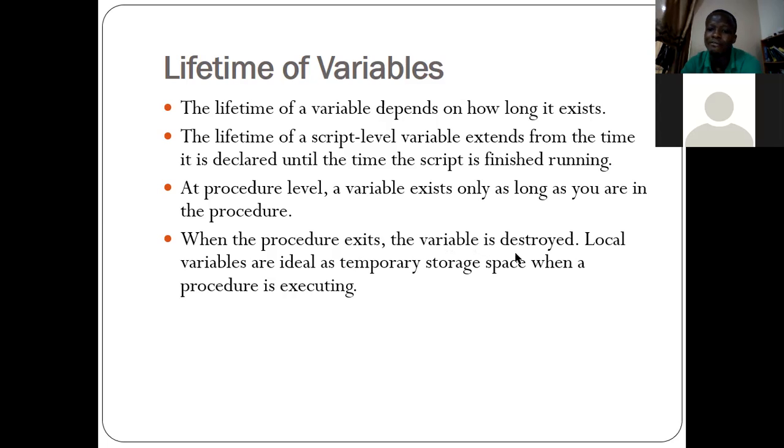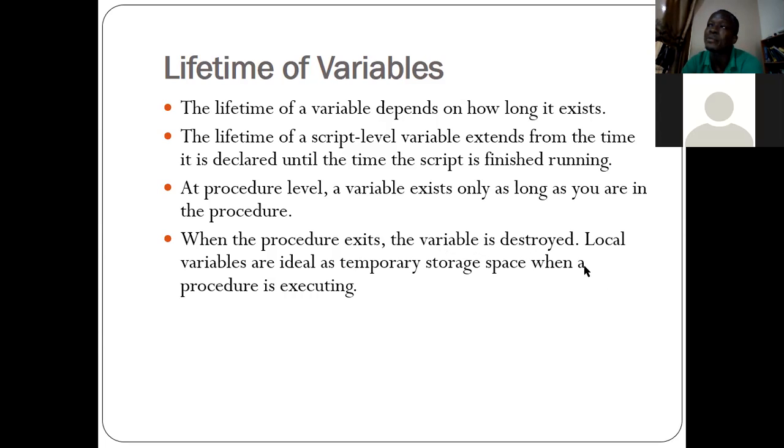When the procedure exits, the variable is destroyed. It is killed, so you can just destroy a variable so that it's not there anymore. That's because computers are running, and their memories directly relate to the variables, which store the values. Everything we are doing in computers, we are just using variables, memory, computer.